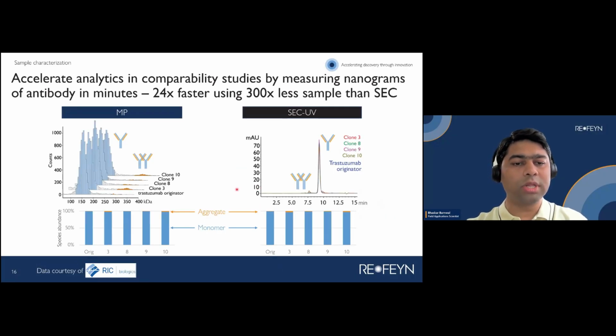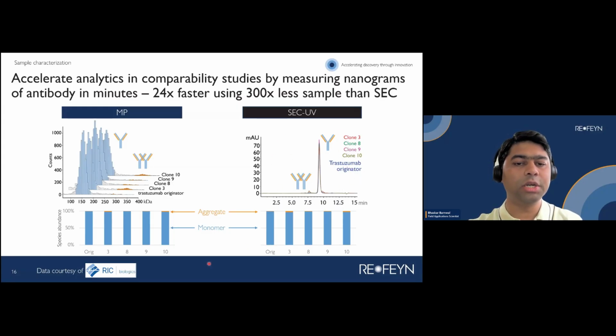So this was the trastuzumab originator molecule, and it was studied by RIC Biologics, and 4 different clones of the trastuzumab originator were evaluated. The left picture shows the data from mass photometry, and the picture on the right shows the SEC-UV data.